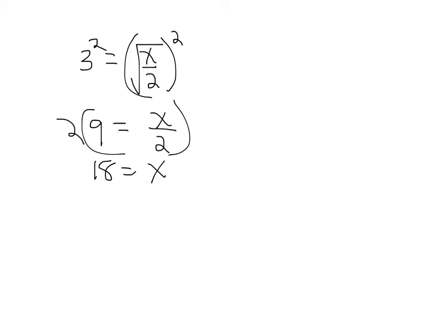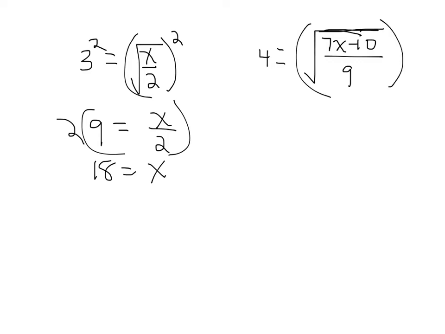If I say 4 is equal to the square root of 7x minus 10, over 9, I've got my radical alone on one side of the equation already. This is all the way over this whole thing. So I can square this, and even though that's a fraction, I still have 7x minus 10 over 9 is equal to 16.